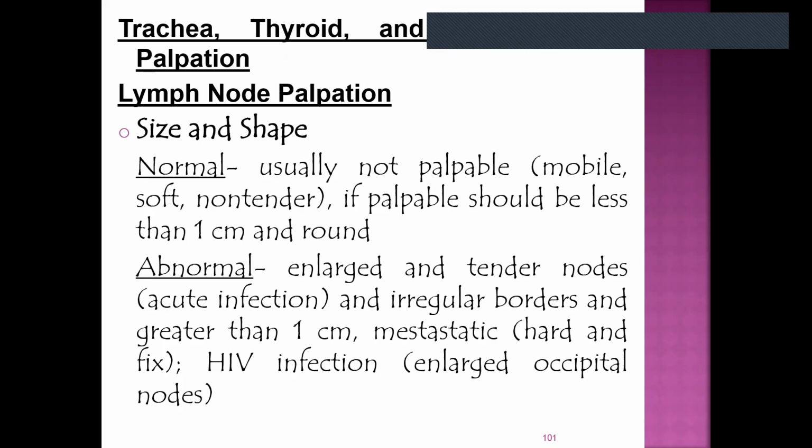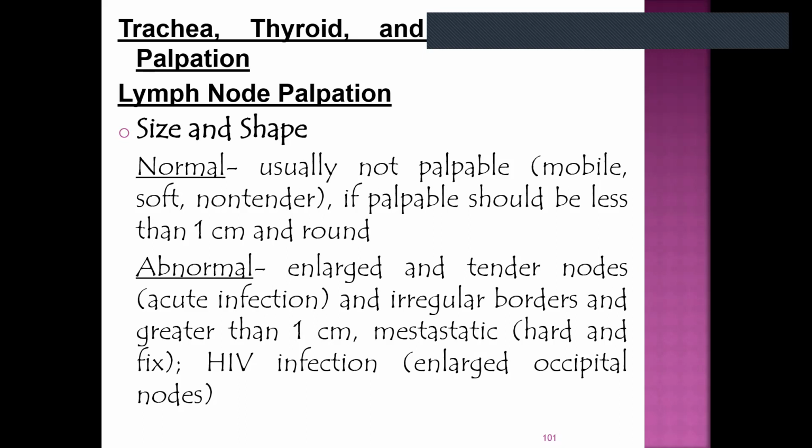These are common in thyroid CA or lymph node CA. So it's hard and fixed. Now, for HIV infection, you can observe an enlarged occipital node. What is normal is that it has to be less than 1 cm and round.